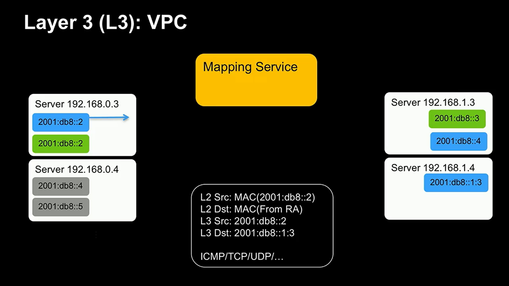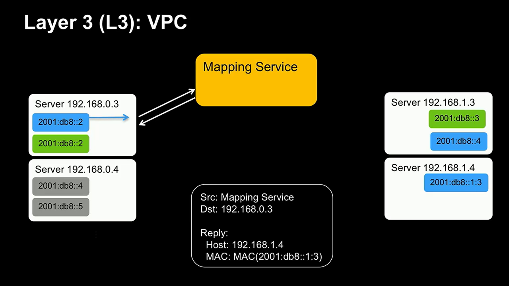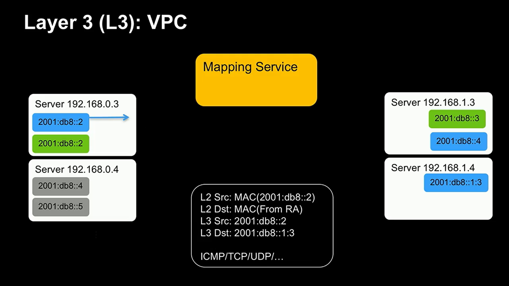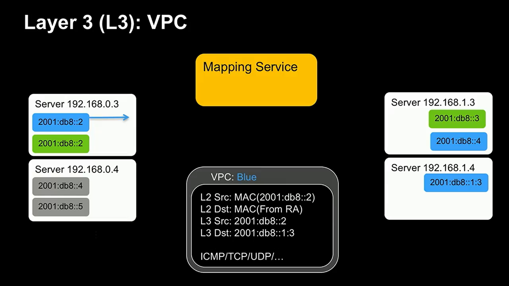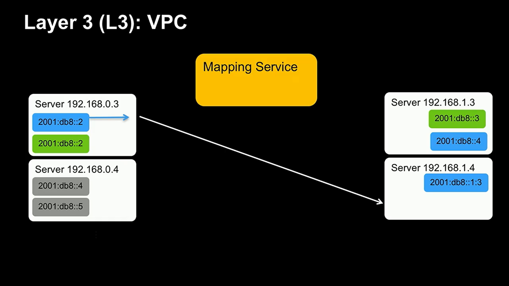That information is known; it came from the router advertisement. So we have our L3 addresses, the packet is intercepted, the mapping service is consulted, the substrate IP is provided, and the packet is wrapped in the VPC tag, put into an IP packet, and sent across the substrate.